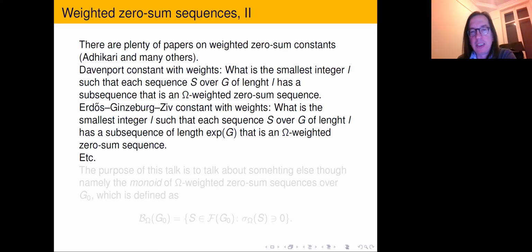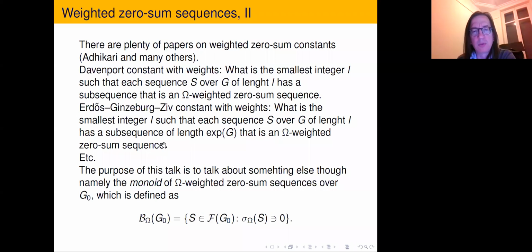So one can study Erdős-Ginzburg-Ziv constants with weights: what is the smallest integer L such that each sequence S over G of length L has a subsequence of length equal to the exponent that is an omega weighted zero-sum sequence, and so on. So these problems exist without weights, and we can study them with weights.